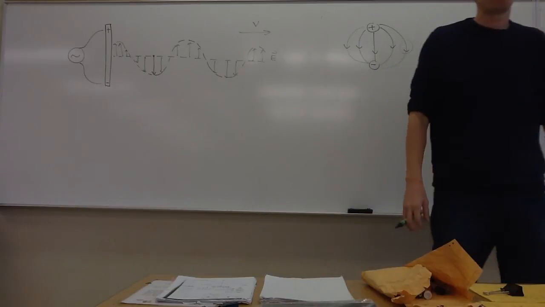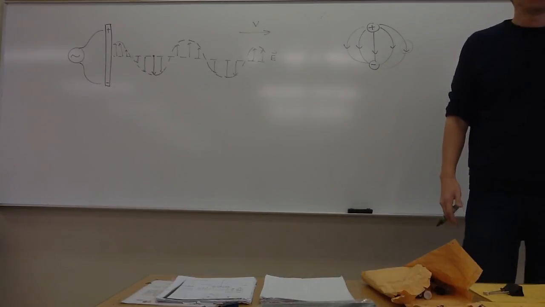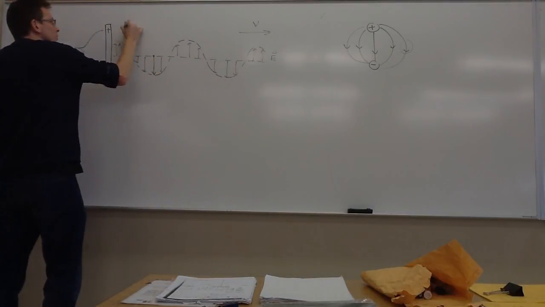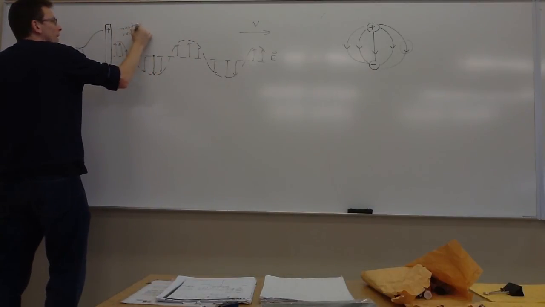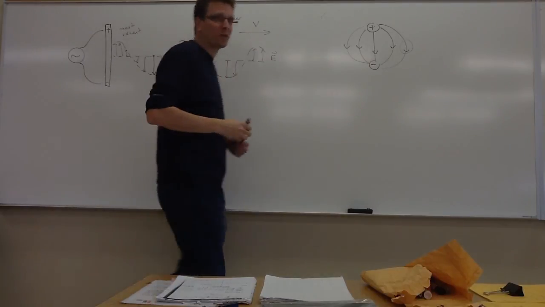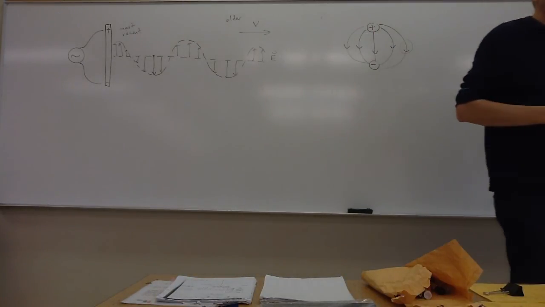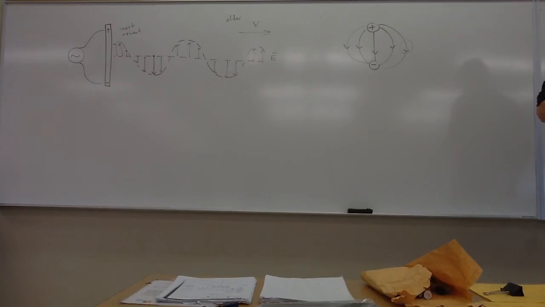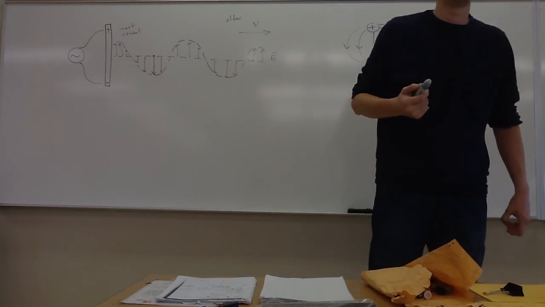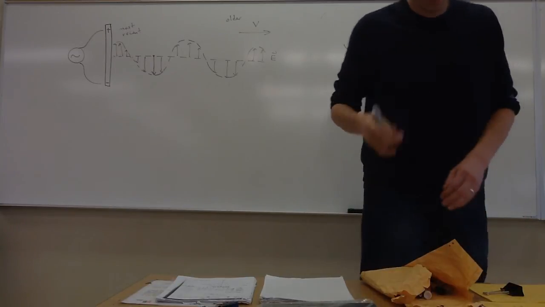So the message about what the field is takes time to get from one place to the other. So this is the most recent, and this is, of course, the older. So what electric field is registered out there farther away is not a reflection of what the charges are doing currently, but what they were doing in the past, okay?